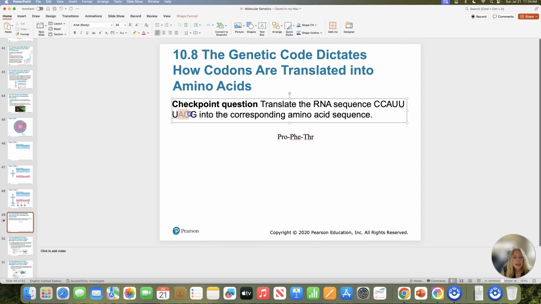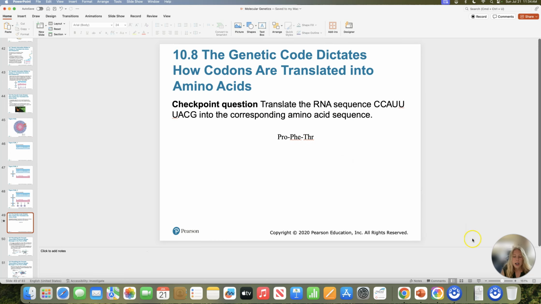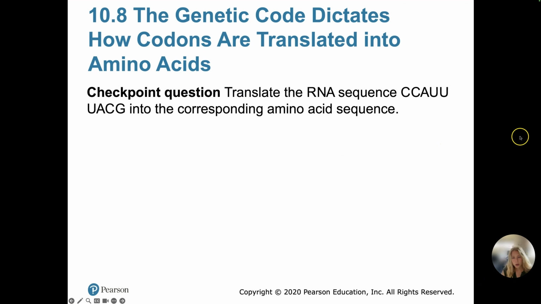And then our last three letters are ACG. So we're going to take a look at that. ACG. That gives us threonine or THR, which is what they got there. That is how you use the codons in RNA and translate them into the amino acid sequence. You need to use that circular figure.